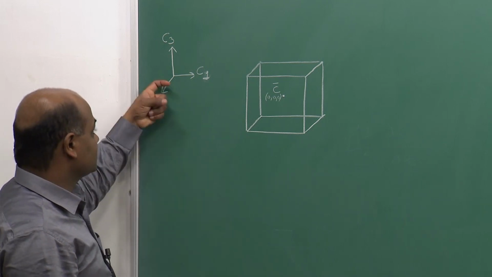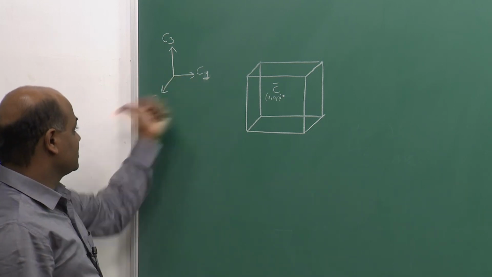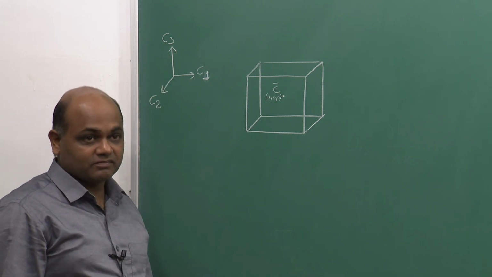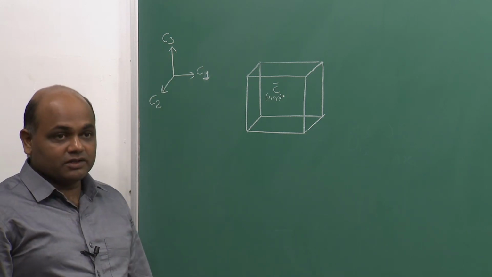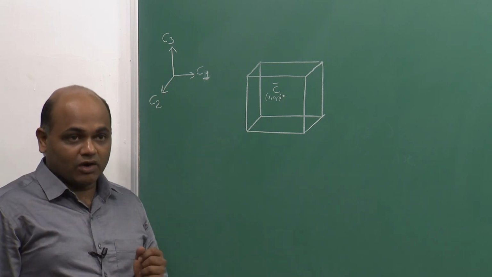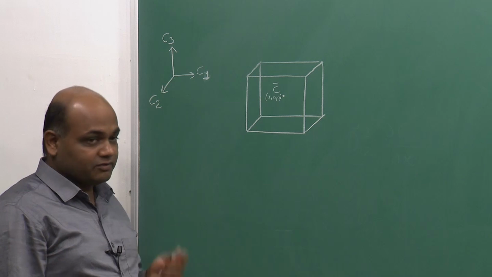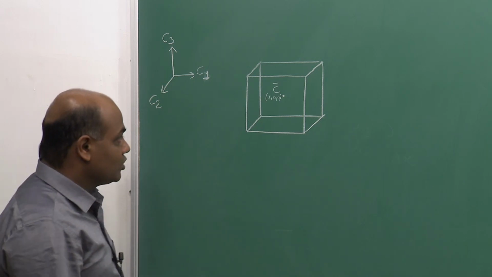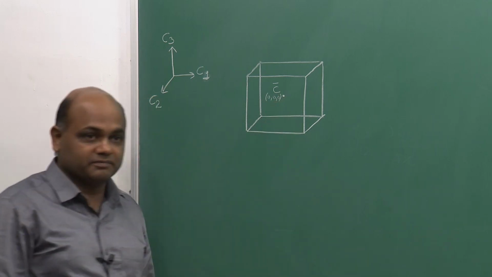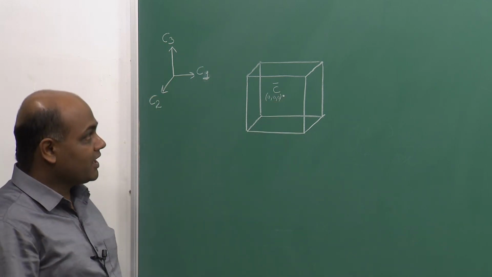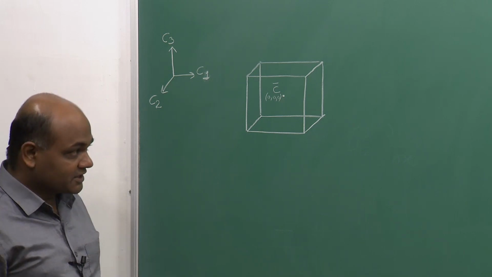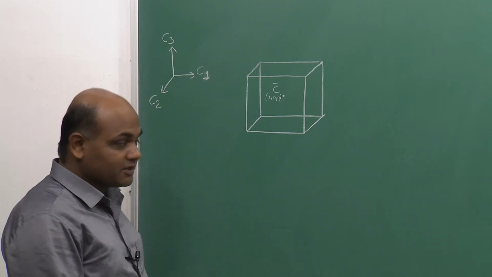So, the C1 axis is this one, C2 is coming out of the board and C3 is this one. In body diagonal diffusion couple approach, the two terminal alloys of a diffusion couple are selected from two ends of a body diagonal of this cube, and that is why the name body diagonal diffusion couples. Now, why it is significant, that you will realize soon.